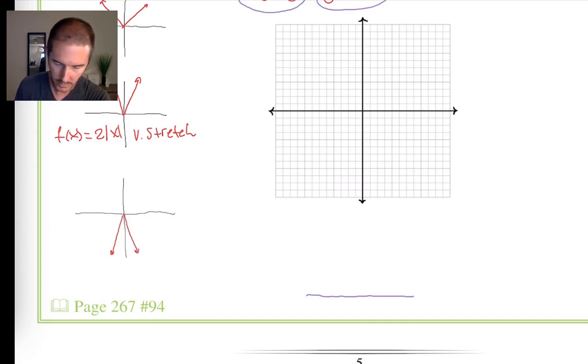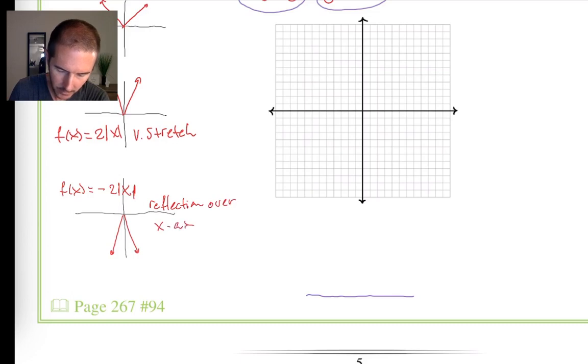And this function is f of x equals negative 2 times the absolute value of x. And that was a reflection over the x-axis, or a vertical reflection.